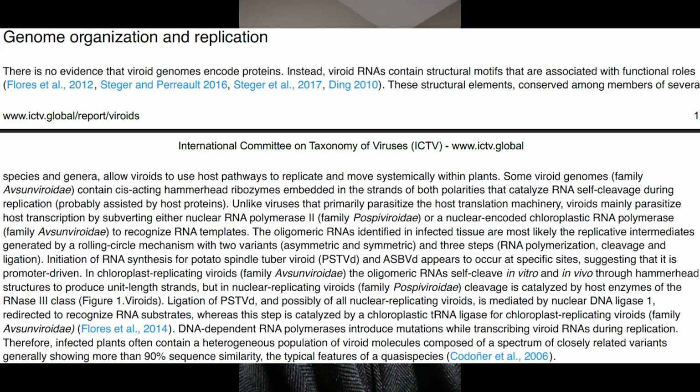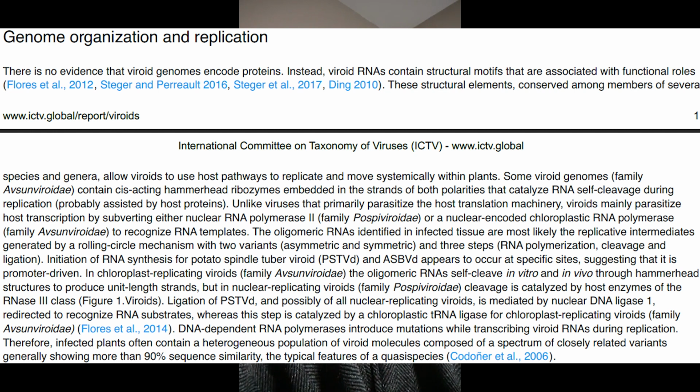So under the genome organization and replication of this document, you can go to ICTV yourself and follow along, or you can just look at the reading yourself. They say that there's no evidence that viroid genomes encode proteins. Instead, viroid RNAs contain structural motifs that are associated with functional roles.